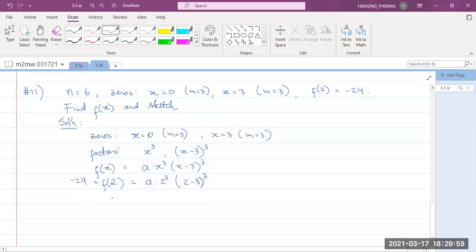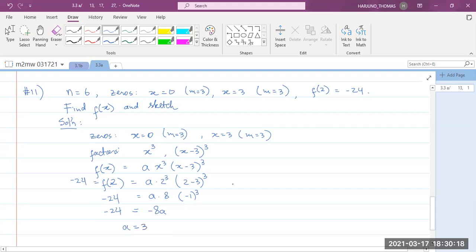So negative 24 is equal to a times 8 times negative 1 cubed, which is negative 1. So negative 24 equals negative 8a, that's a equals 3.